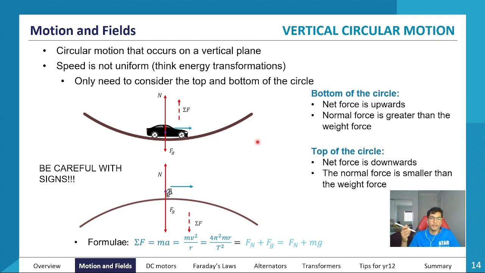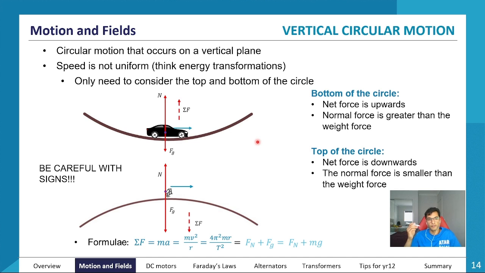That's why if you ever go down on a roller coaster, you feel heavier than usual, because your normal force is quite a lot bigger than your normal force if you were just standing on the ground. If you're at the top of the circle, your net force is downwards, and your normal force is smaller than your weight force.